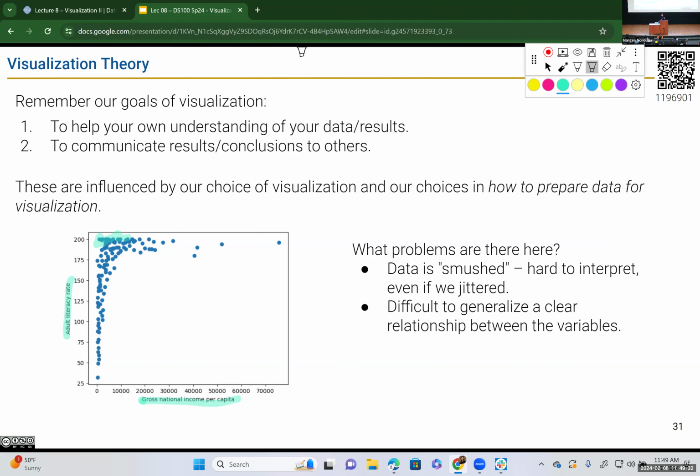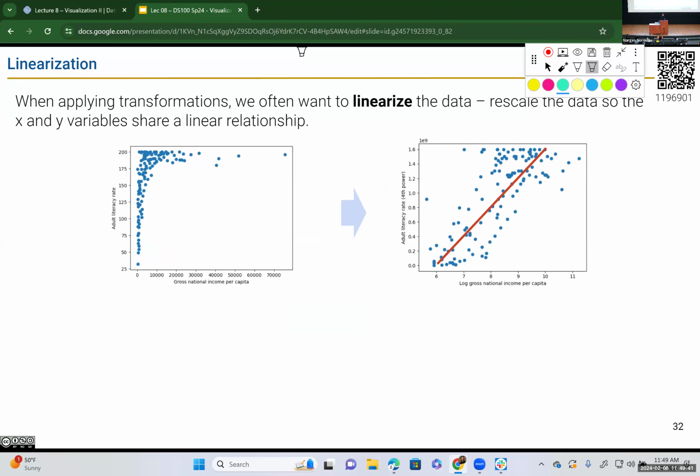So for these purposes, we might want to make sure that we transform our data to a format that can be easily understood, which is what we refer to as linearization. Linear relationships are the easiest kind of relationships that we can understand. So we will go through a process of transformation that linearizes our data.